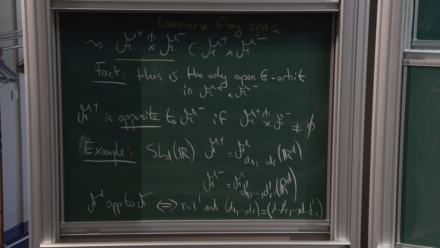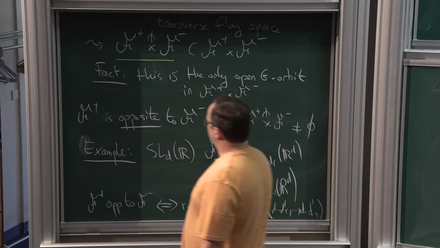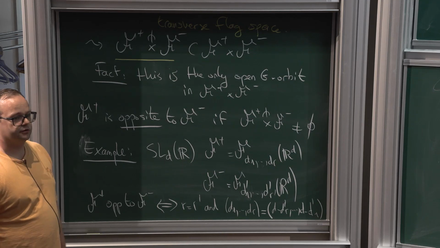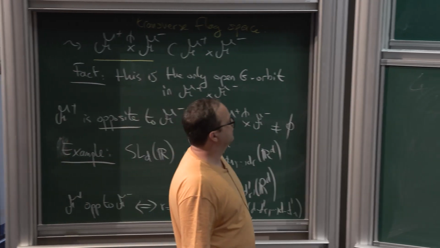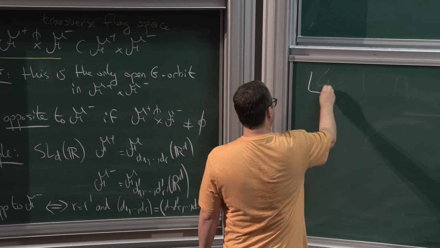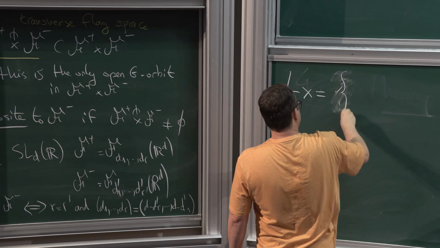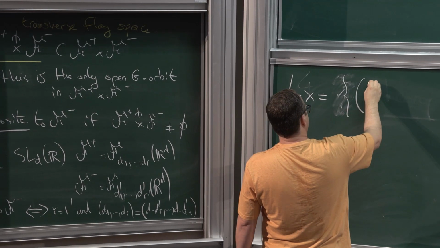Right, so opposite for SLD just means that if your parabolic subgroup on one side is upper triangular matrices in a block decomposition, then the P minus X will be lower triangular matrices in the same block decomposition. And then the transverse flag space will correspond to the LX, in this case, which will just be block diagonal matrices, right?